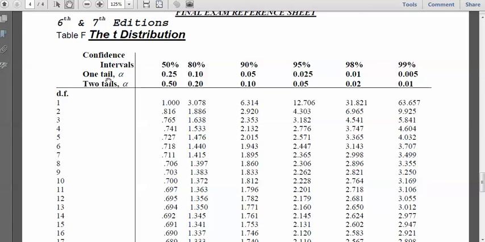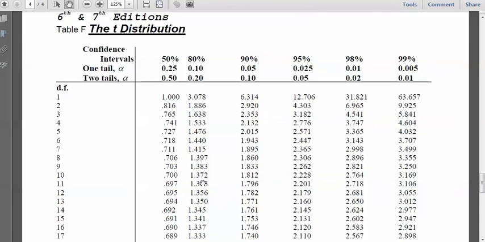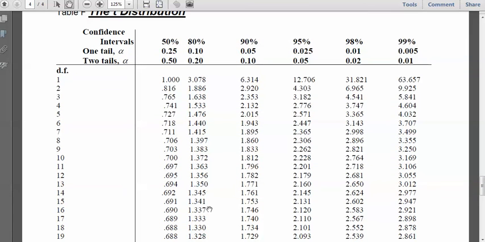So since we're working with one side, we're going to be working down the second column here. A one-tail test, alpha is 0.10. Our degrees of freedom is 19. So if I go down here, my degrees of freedom tells me the t-value is 1.328. You see that? One-tail test.